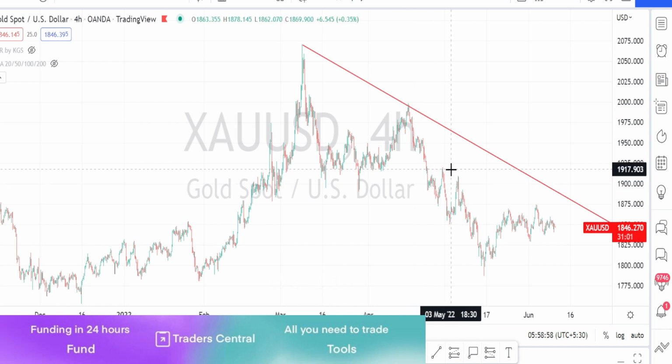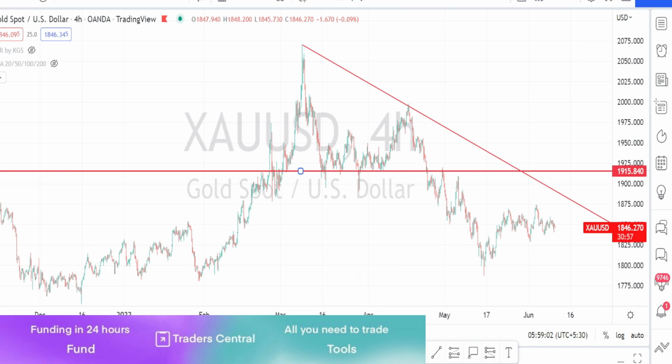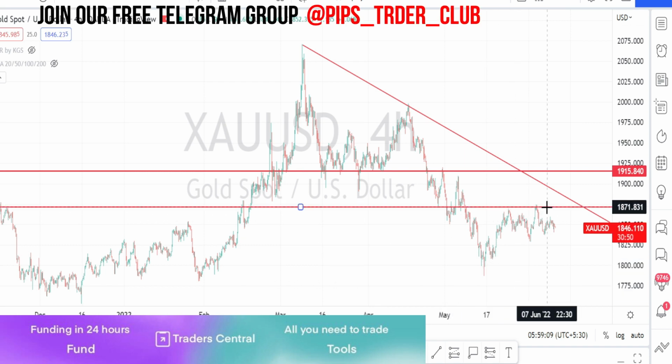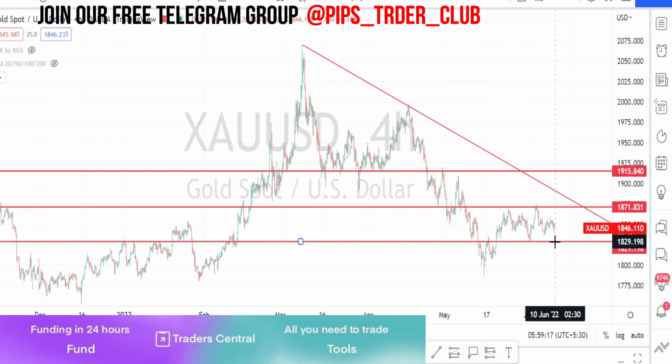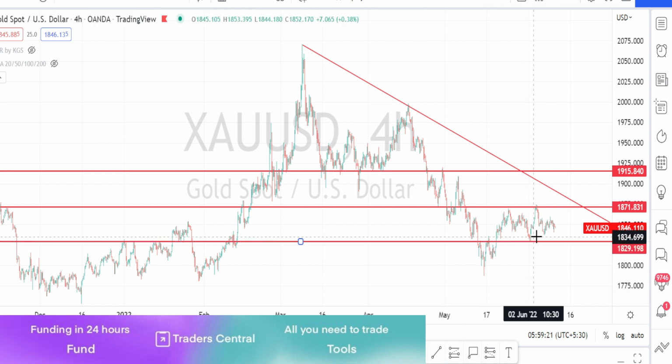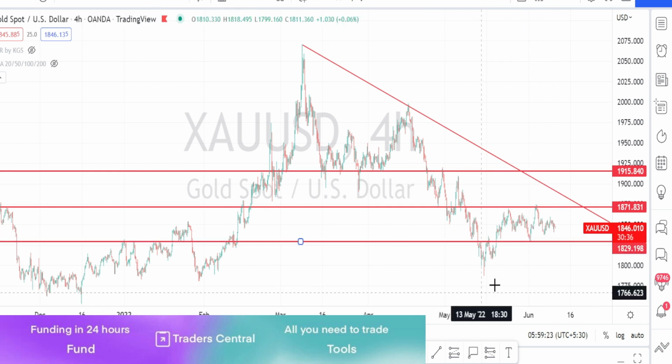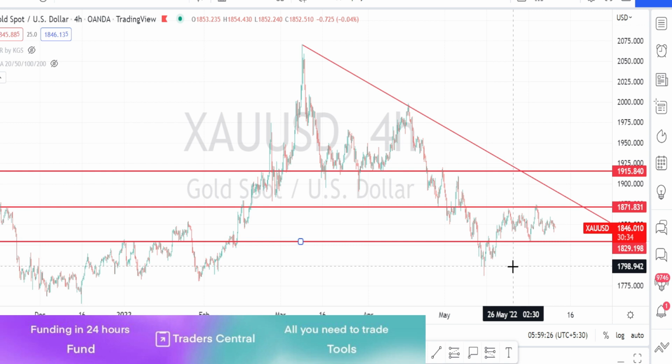We also knew that we had a very strong resistance level around the level of 1915, and the next level of resistance is going to be around 1870, and when we look at the support levels, the level of 1829 is going to be a very strong support. And if the price action breaks this support level, the next level of support is going to be around 1798.